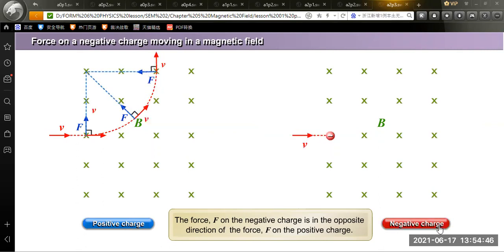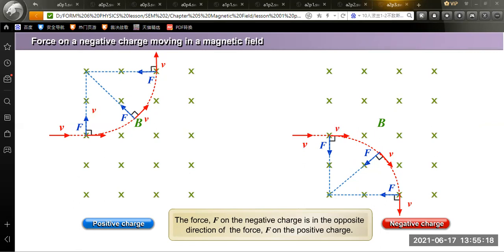A negative charge will be in the opposite direction. The right hand rule just obeys the positive charge. If it is a negative charge, remember that a negative charge is always in the opposite direction to the positive charge.